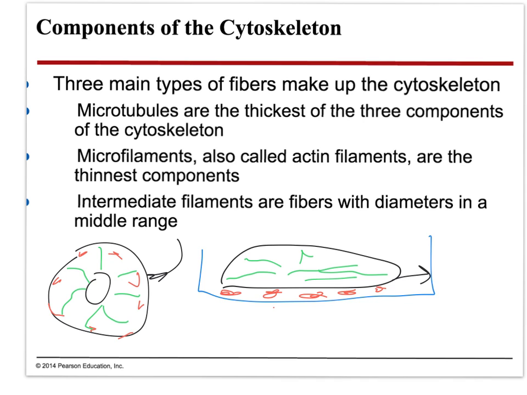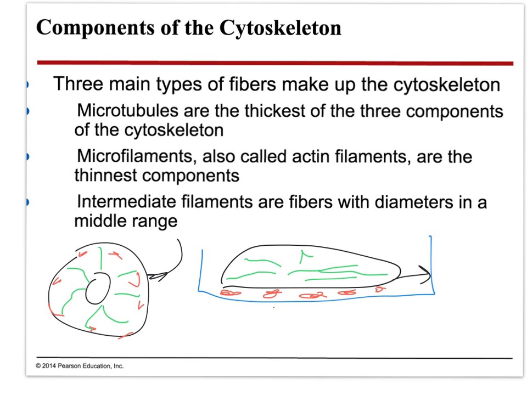3 parts, right? We have microtubules, microfilaments, and intermediate filaments. Microtubules, okay, are the largest part. They are the largest, thickest cytoskeletal element. So even though it says microtubules, it is the biggest. All right? The next are intermediate filaments.